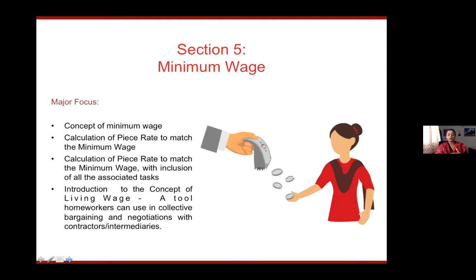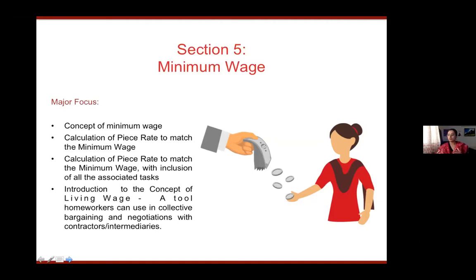We also had a session on how to calculate piece rate to match the minimum wage with inclusion of all the associated tasks. And when we say associated tasks, we mean packing and unpacking of raw material, time taken to, say, for example, set up a loom, or just rest time, which they have. So we've tried to see how we can include all of this.